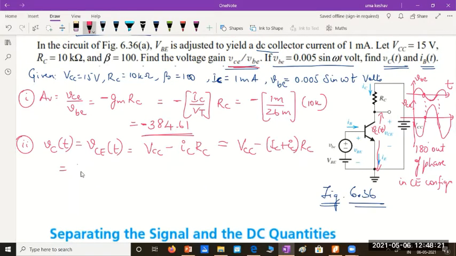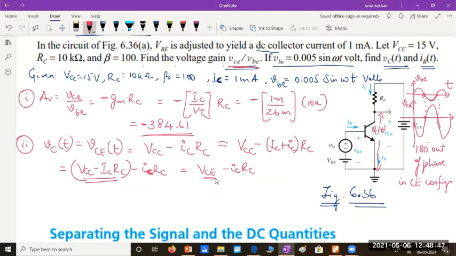So can I write it as VCC minus capital ICRC minus small icRC? This is nothing but VCE capital, the operating point value of the collector emitter voltage, minus small icRC.